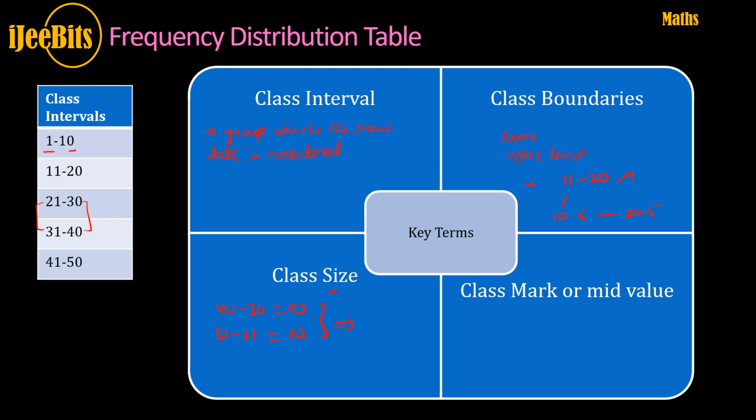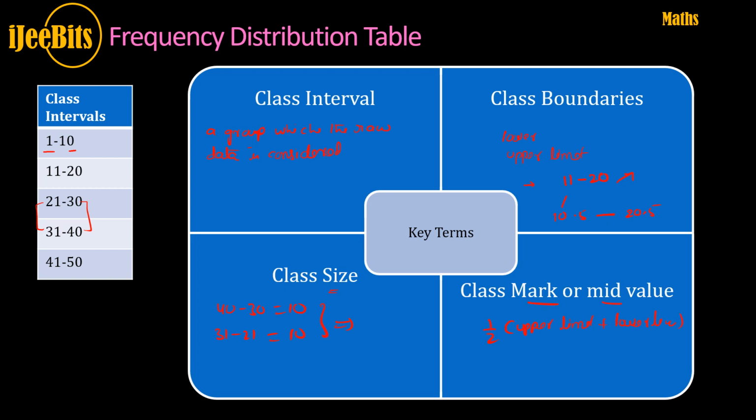And then class mark is the mid value. How are you going to calculate the mid value? You know that, right? Average, basically, of upper limit and lower limit. Upper limit plus lower limit, divided by 2. This is what is called a class mark or mid value.